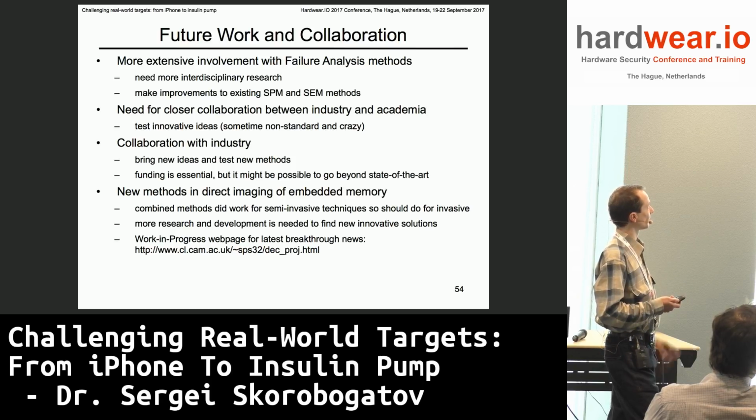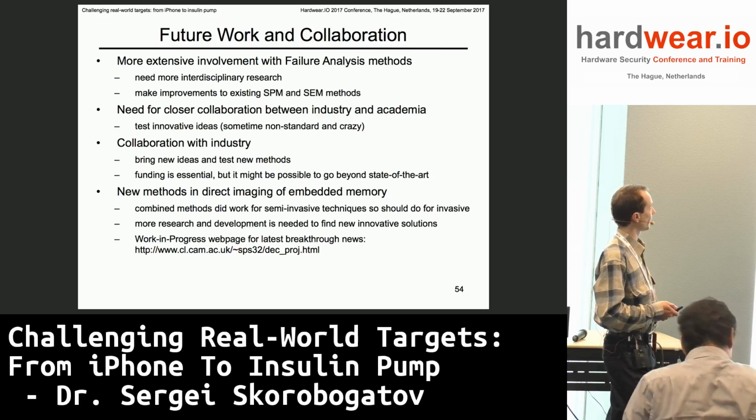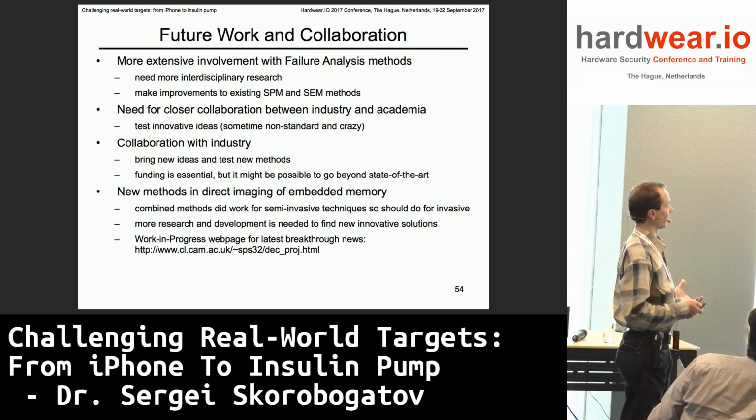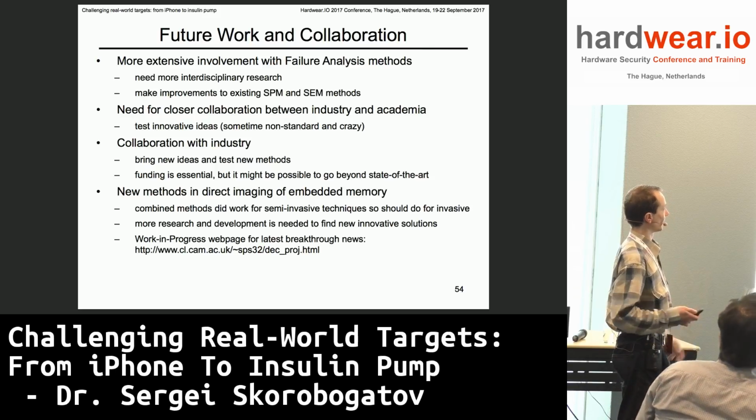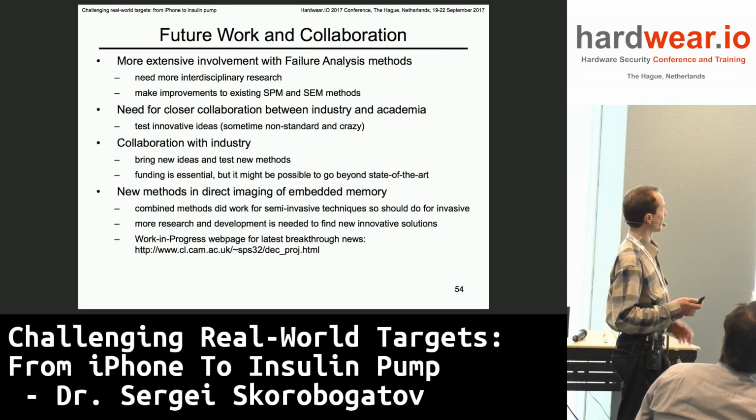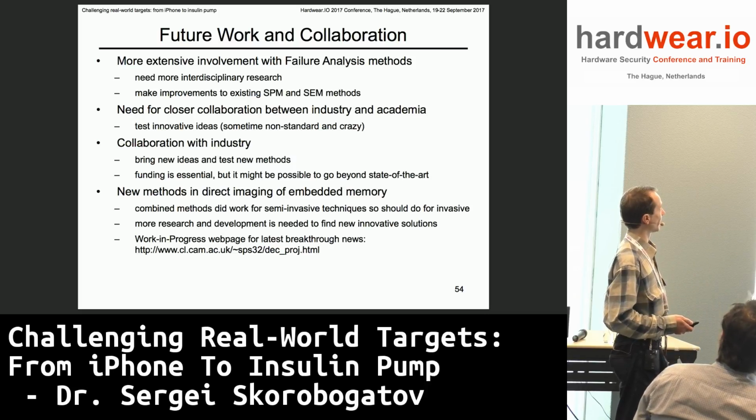And also I would like to improve the existing methods used in scanning probe microscopy and electron microscopy. And that means closer collaboration is needed between the industry and academia, because in academia you come up with some non-standard and even crazy ideas, but you need the ability of industry to try those ideas and to implement them.